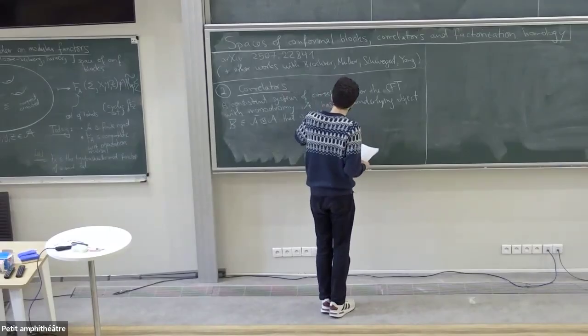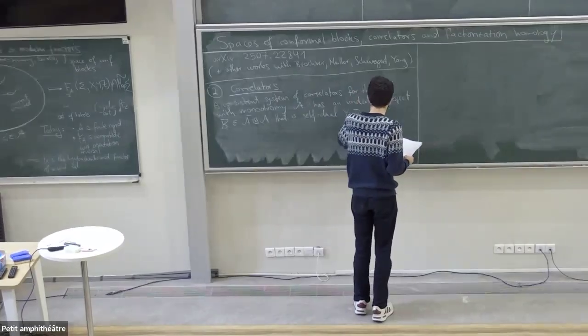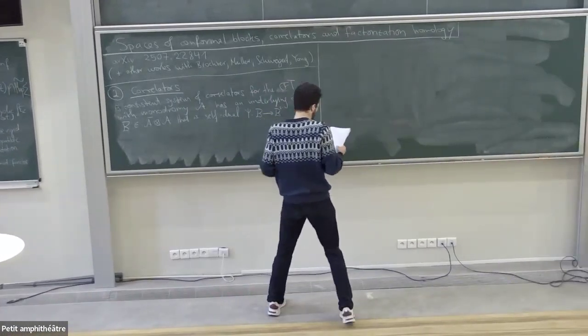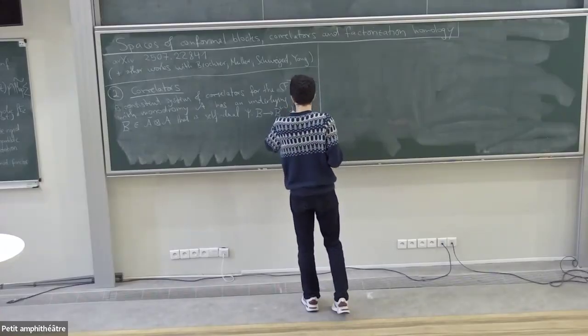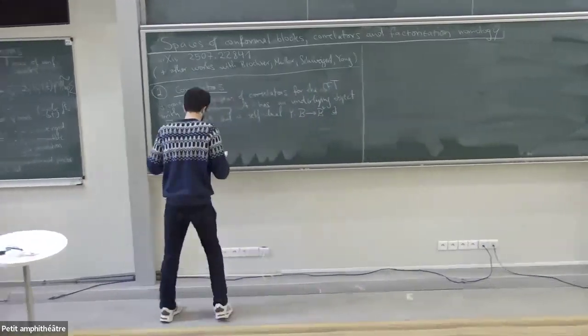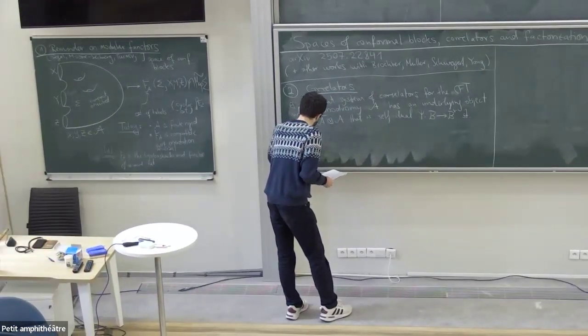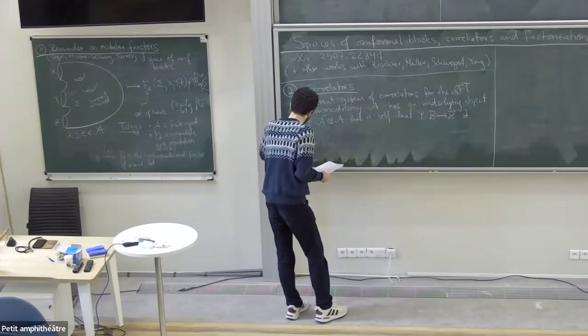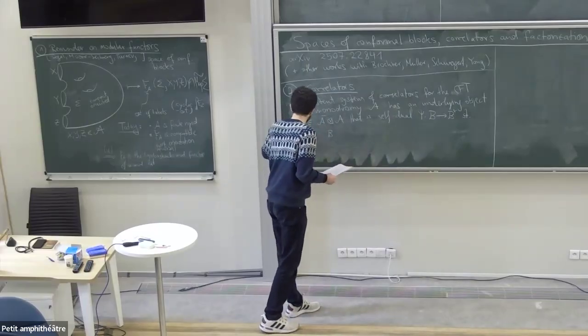And we're asking this to be self-dual. This means that there is an isomorphism between B and B dual, such that, so what does it mean to be self-dual? It means the following.